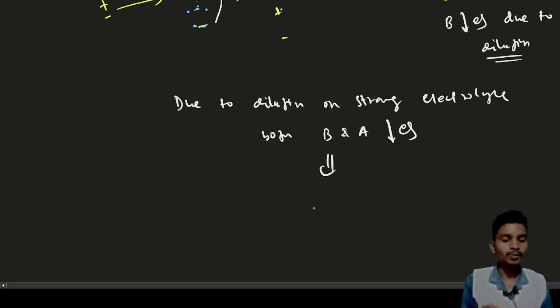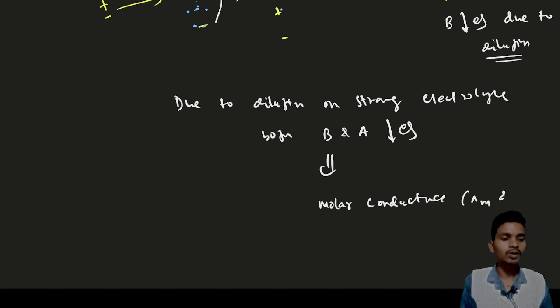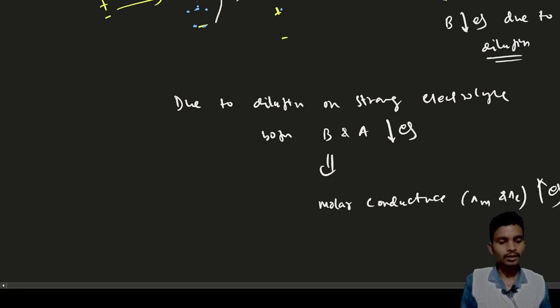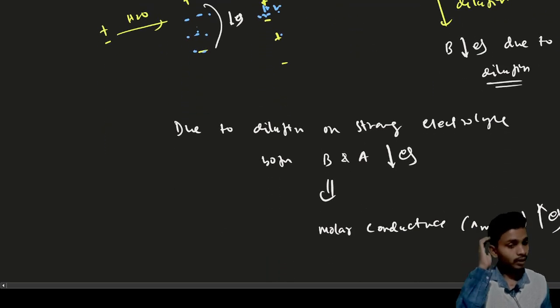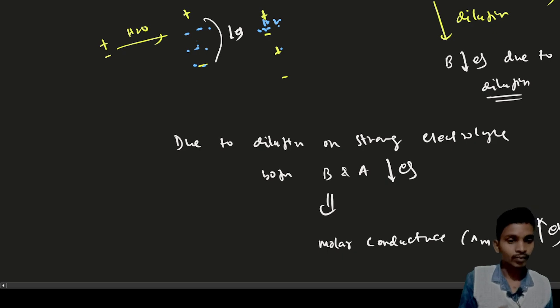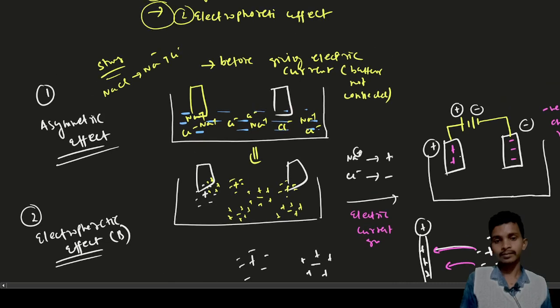Mainly we are talking about molar conductance, lambda m, or equivalent conductance also, this increases. We previously also discussed that on dilution molar conductance increases.